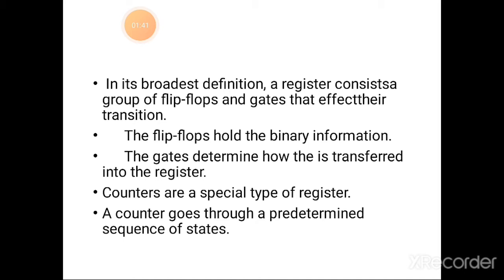So the flip-flops hold binary information and the gates control when and how new information is transferred into the register. The main function of a flip-flop is to hold binary information, and the gate determines how the data is transferred into the register.